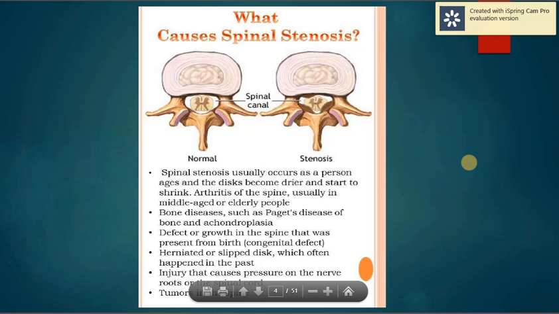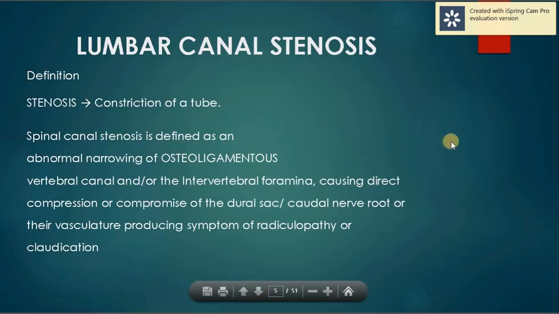Also it is seen in bone diseases such as Paget's disease of the bone and achondroplasia, defects of growth in the spine from birth, that we call a congenital defect, herniated discs which happened in the past, injury that causes pressure on the nerve roots or the spinal cord, or tumors, any kind of pathological condition, tumors present there and compressing the cord.